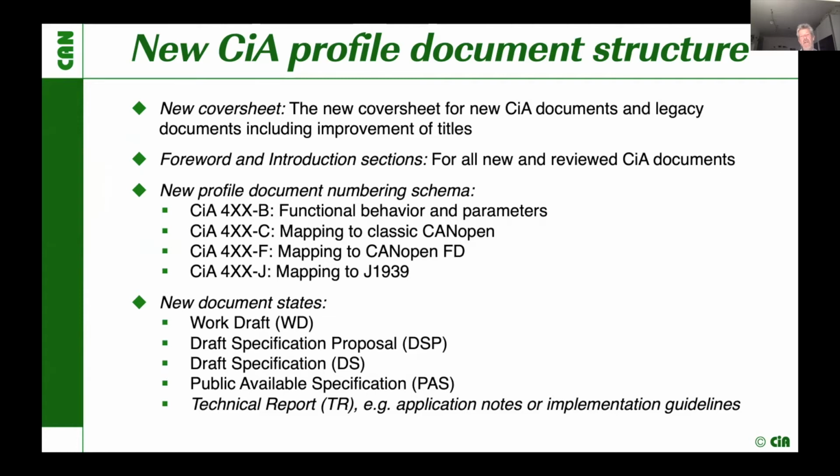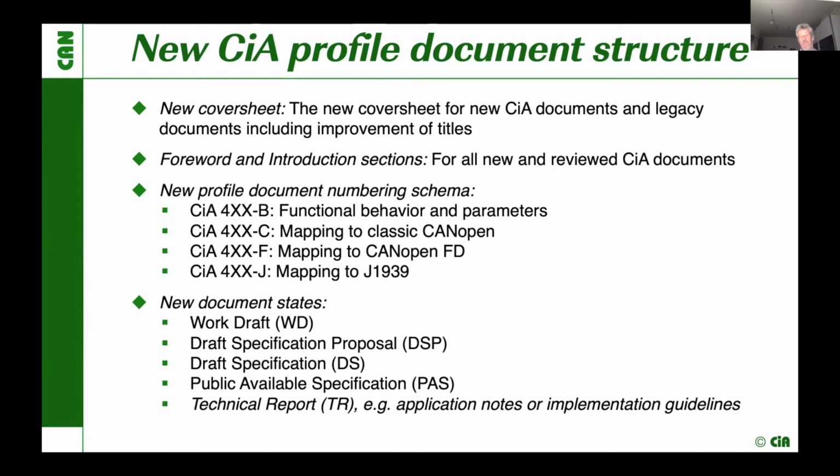So we use 400XX-B for functional behavior and parameters. Then we have separated this for the mapping to classical CANopen, the mapping to CANopen FD, and the mapping to J1939 where appropriate. This is still in progress. This is not done for all the documents at the moment, but you will see that we will have more and more documents following this new profile document structure.